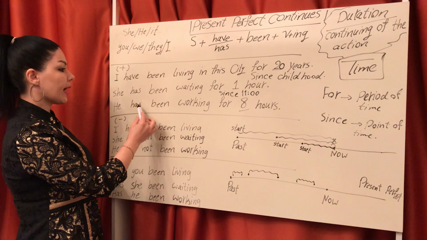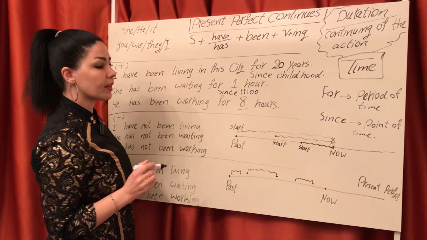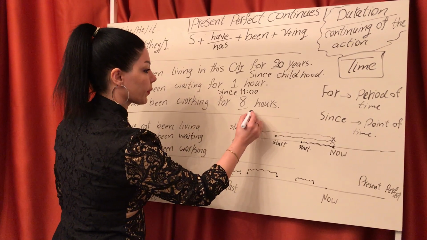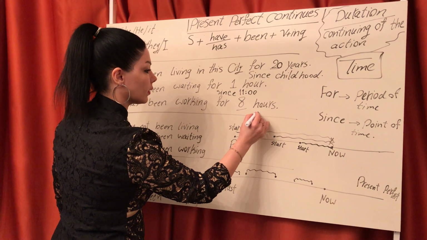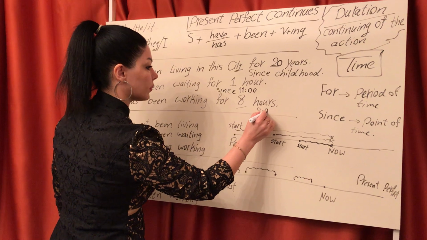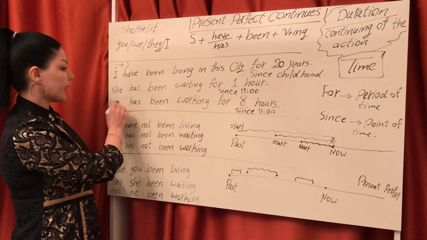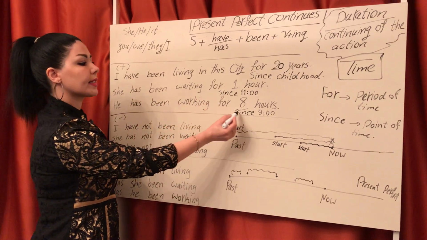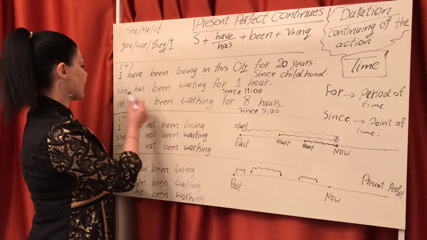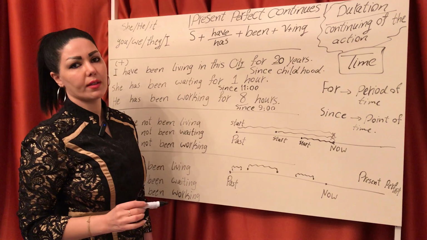Or here, he has been working for 8 hours. Now it's 12. 8 hours ago, for example, 9. I said that he has been working since 9. After 8 hours, we can say that he has been working for 8 hours.